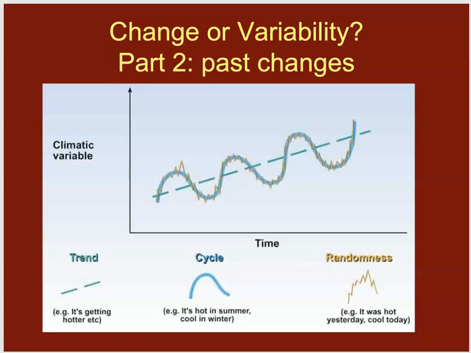The question is whether the change in temperature is a cycle, something that goes up and down, or random, like a hot week, a hot month, a cold month, or a wet week, or whether or not there's a trend over time. This presentation focuses only on real changes in climate that have taken place in the past.